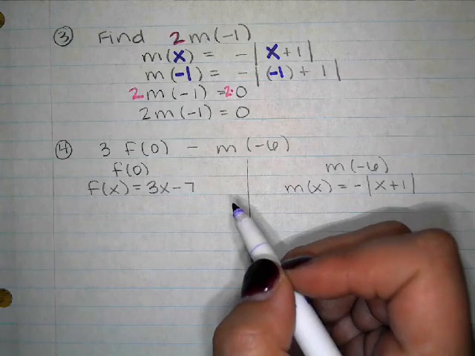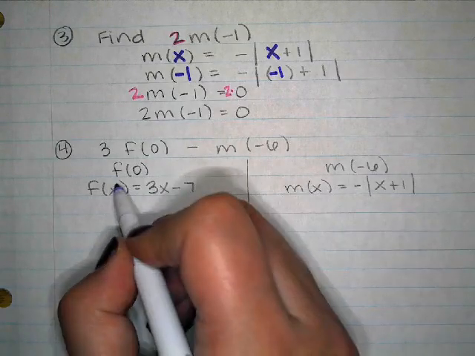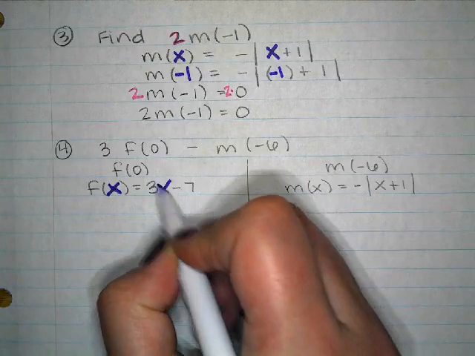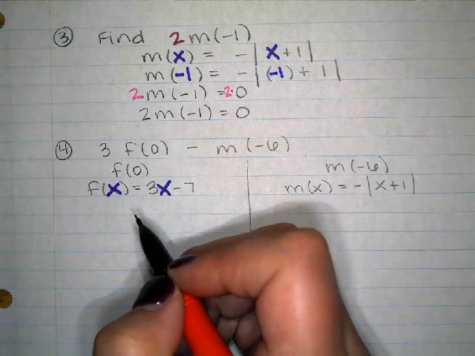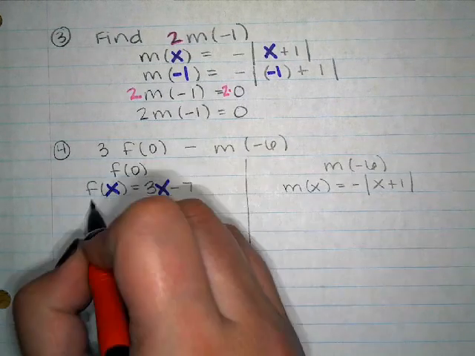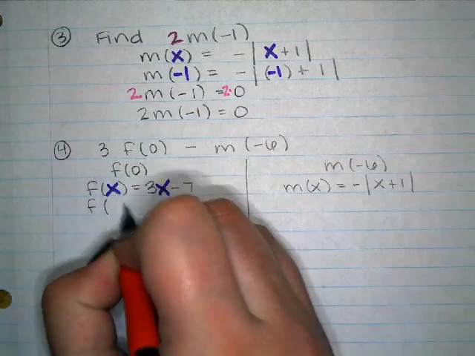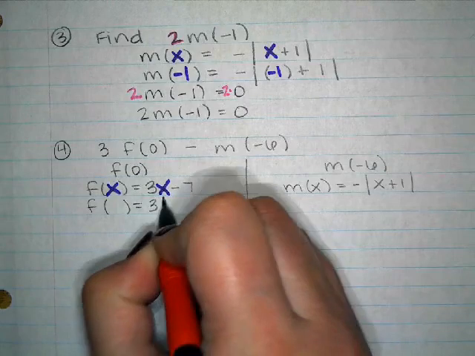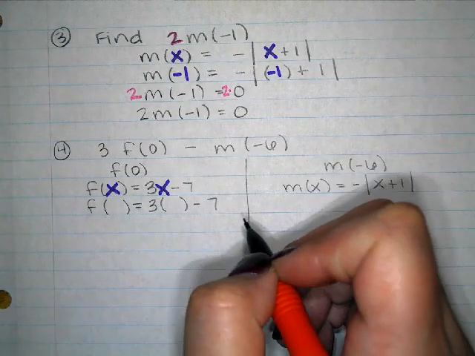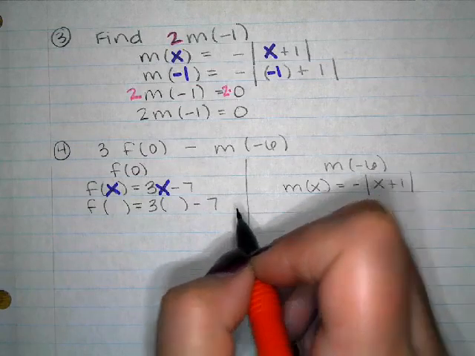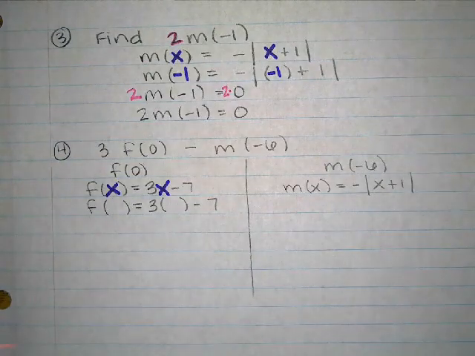Put my color for my x's. Then what do I do? That's where my parentheses go. And then what number am I putting in there? 0.